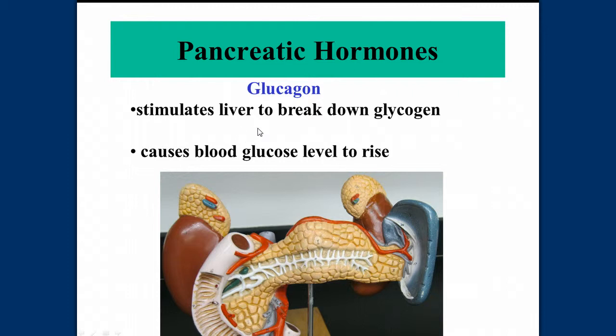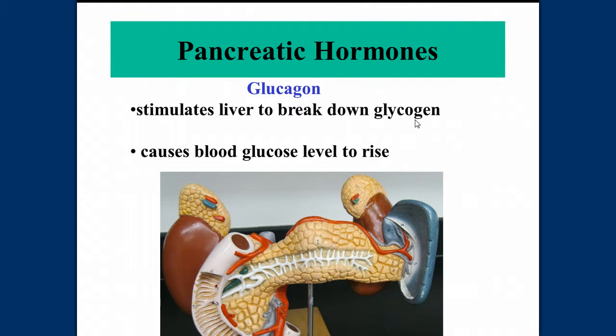One of the hormones produced by the pancreas is glucagon. It stimulates the liver to break down glycogen. Now, when it breaks down glycogen, what is glycogen? When you take in too many sugars, too much glucose, your body can only use so much.